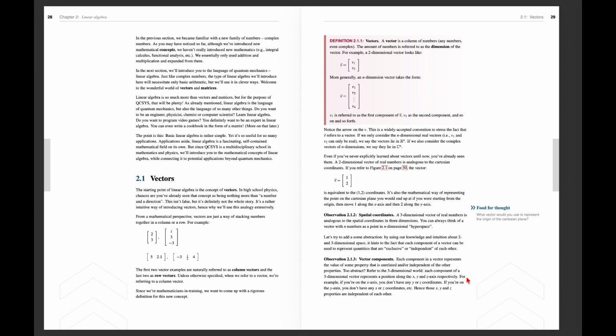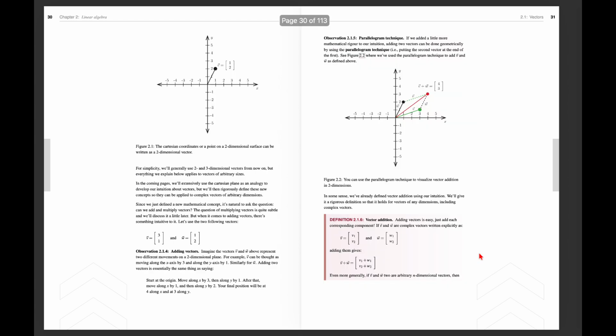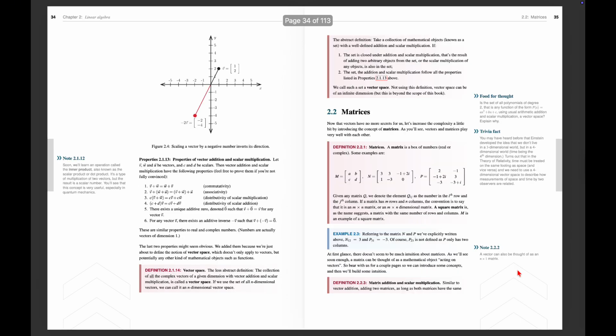Secondly, the second chapter is linear algebra. It starts with vectors, which are columns of numbers, then I got to matrices, which are grids of numbers that act on vectors. We cover the basic operations: vector addition, scalar multiplication, and matrix multiplication.